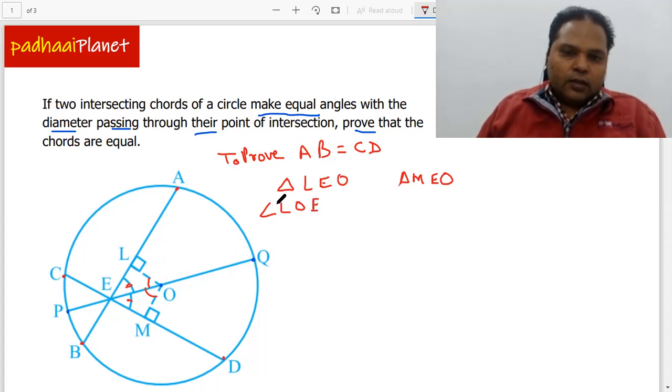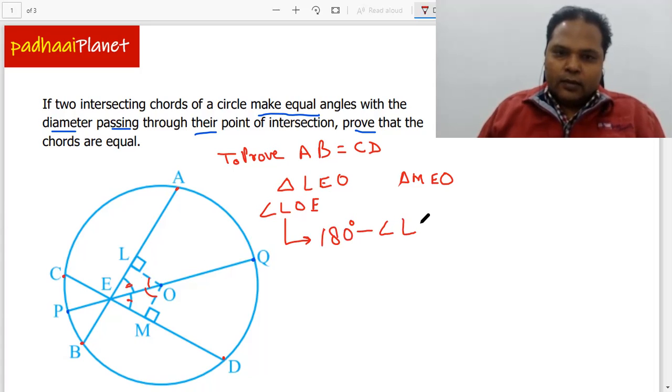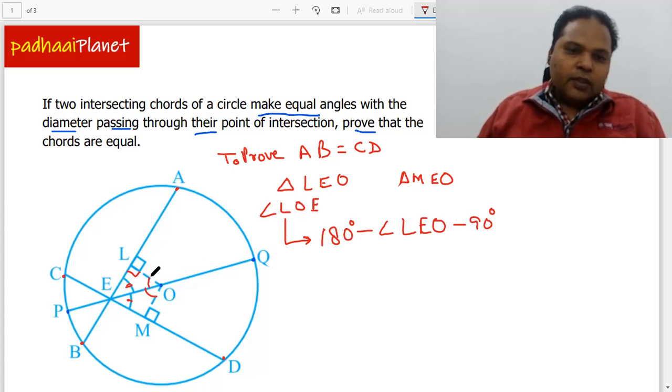If we put the property of the sum of all three angles of a triangle, then we can easily say that angle LOE is equal to 180 degree minus angle LEO minus 90 degree, because this angle is also 90 degree.